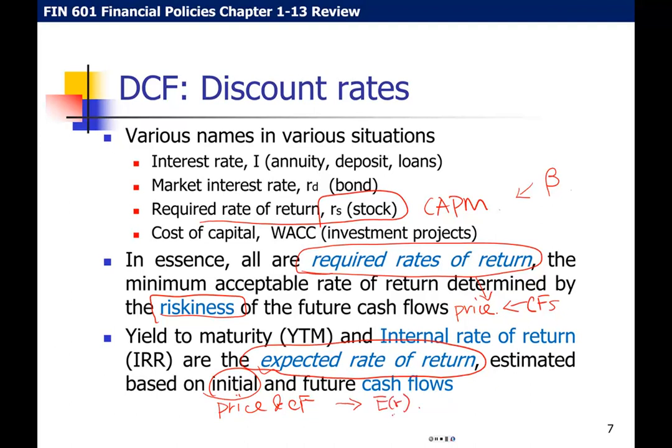Okay, this is return that's generated internally from all the cash flows. All right, so this is a market measure, right? The price is what we can find in the market, and expected return captures the investor's expectation on this asset. Okay, so very different concepts.